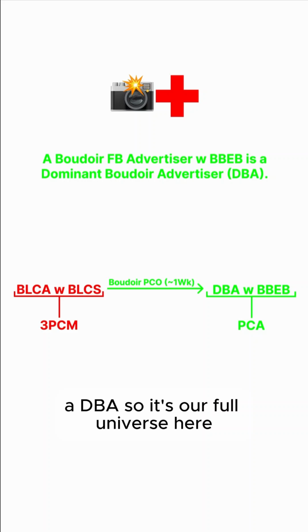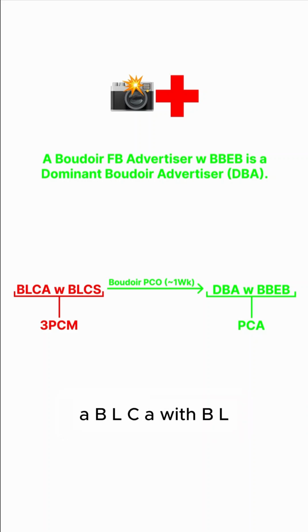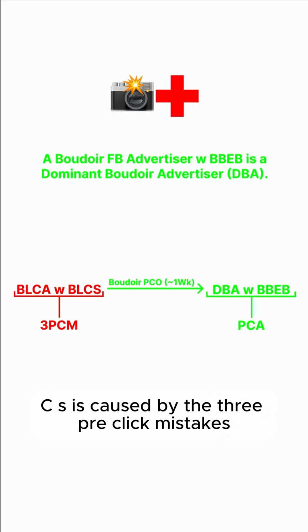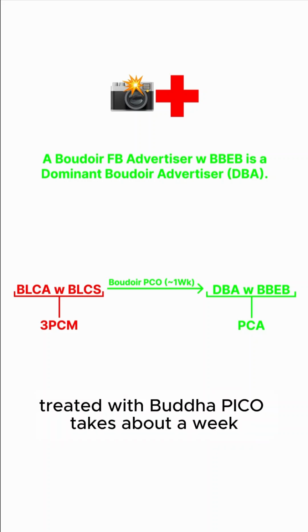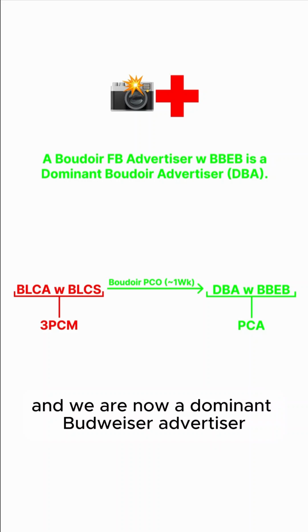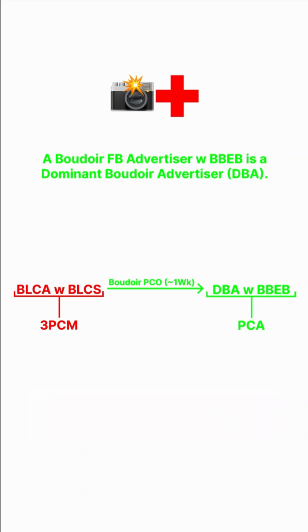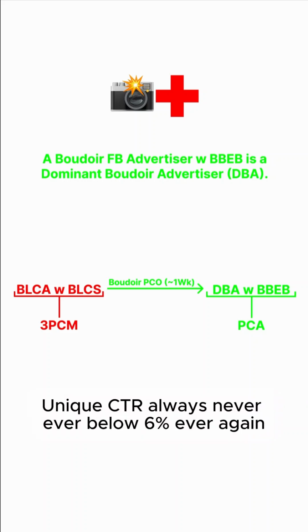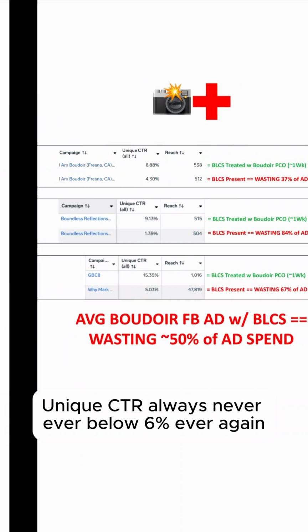So it's our full universe here. A BLCA with BLCS is caused by the three pre-click mistakes. Treated with boudoir Pico, it takes about a week. We invented that. We achieve pre-click alignment, and we are now a dominant boudoir advertiser with boudoir brain entry boost. Unique CTR all never ever below 6% ever again.